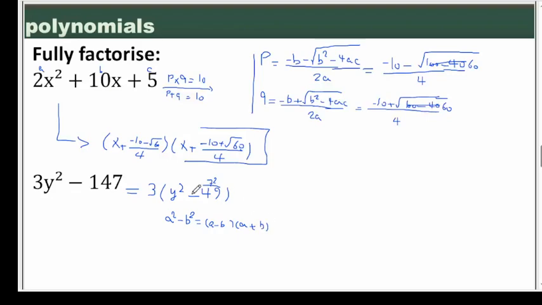So I write 3, and inside the parentheses, 49 means 7 to the power of 2, so I make it two parentheses, y plus 7 and y minus 7. I write it as fully factorized.